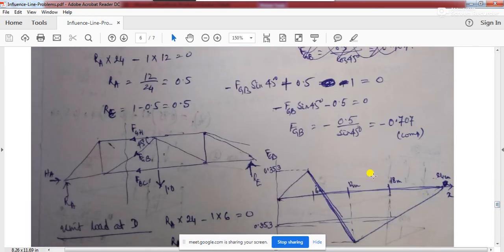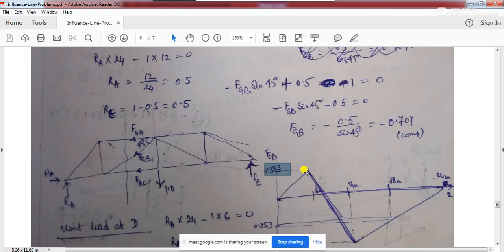First you will have to plot the influence line diagram. See where the ordinates are maximum. You see the positive force, that maximum tensile force will occur over here. So this 0.353 ordinate value is the maximum positive ordinate value.